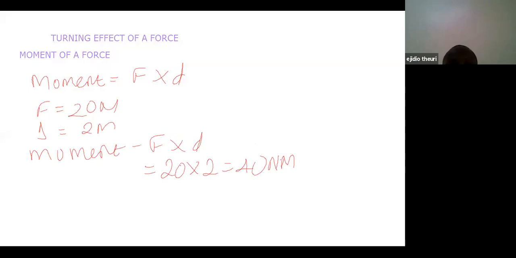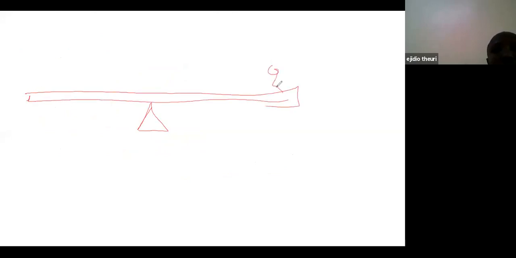Now, next, after understanding the meaning of moment of a force, we need to understand where it comes in. So moment is equal to force times distance, and the distance must be perpendicular. I know when you were young, you participated in this game, whereby one person is seated on one end, and another person on the other end, and he started swinging.